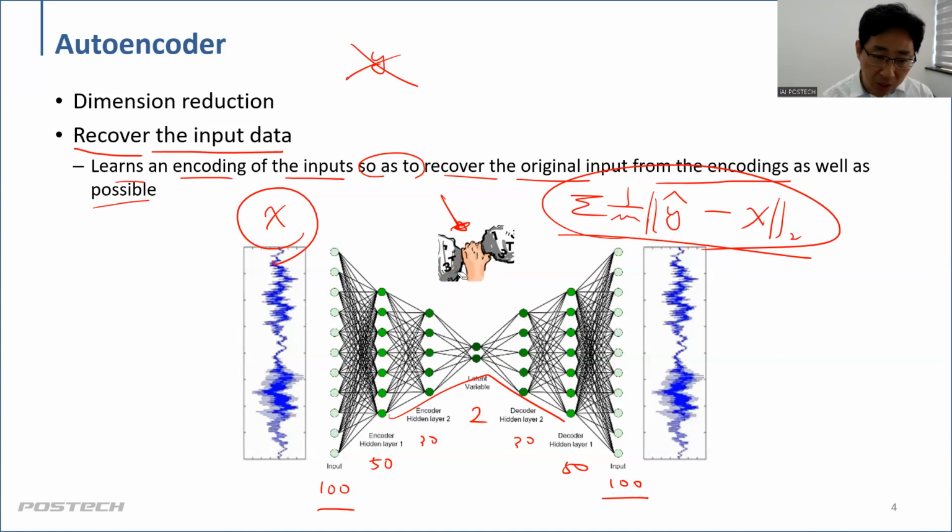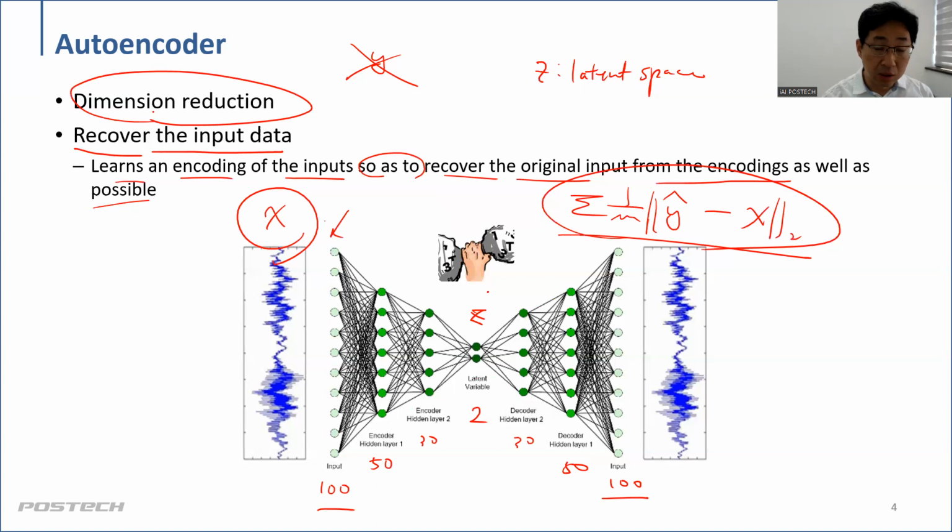What I mean by that is that once we have that structure, say this is the inputs and this is the latent space, which I will call Z. It's a latent space. As you can see, I squeeze it, which means that the dimension of the latent space is much lower than the number of inputs. That's why it's dimension reduction. So the number of neurons or dimensions in the latent space is much smaller than in the original space.